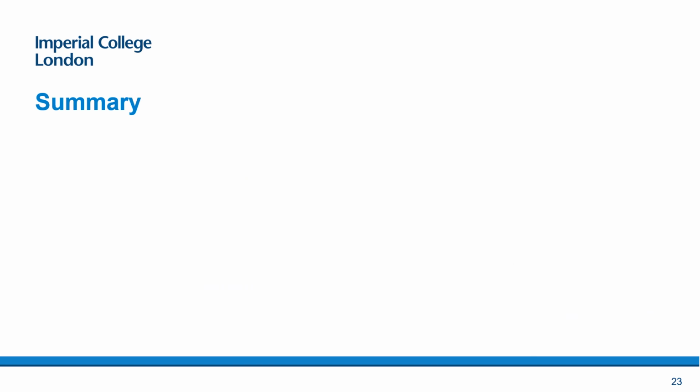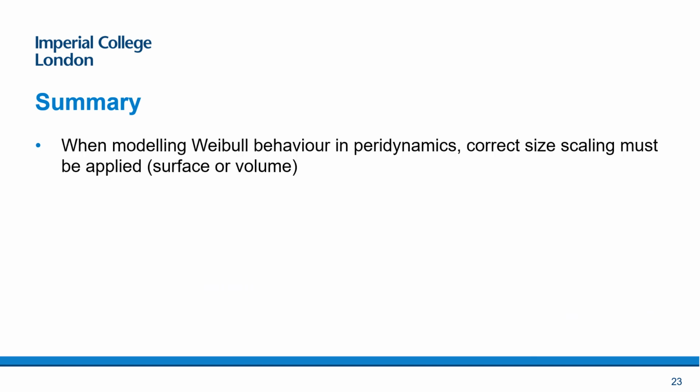To summarize this work, first and foremost, when you're modeling Weibull behavior in peridynamics, you've got to get your size scaling right. You have to scale your distribution of bond strengths depending on either the surface size or the volume size of your specimen, and that will depend on your loading regime and your material behavior.